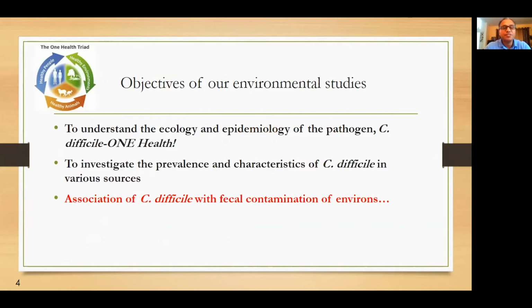The objectives of our environmental studies are to understand the ecology and epidemiology of pathogenic C. difficile in a One Health approach. We try to determine the prevalence and characterize the pathogen C. difficile from many different sources.